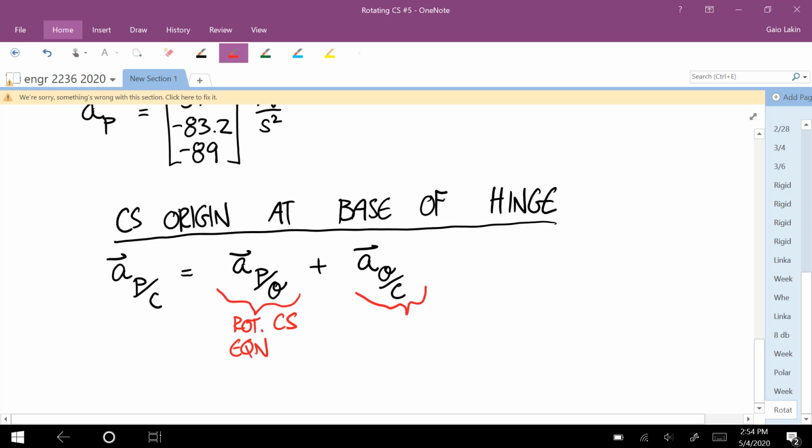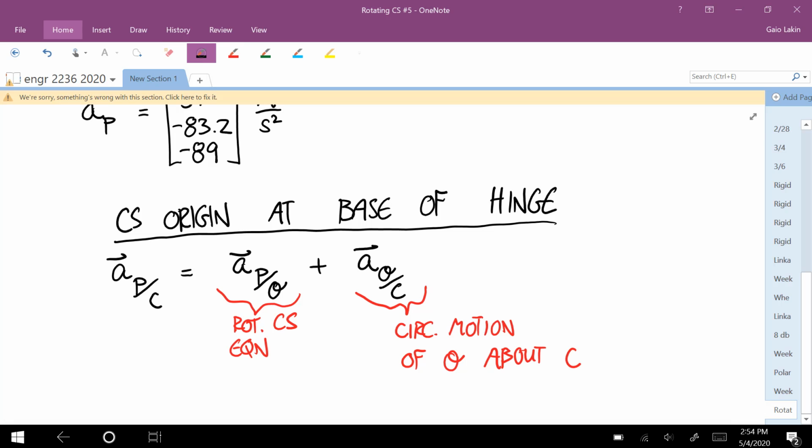And this is just simply going to be circular motion of the origin of our coordinate system about C. Well, let's do that first.